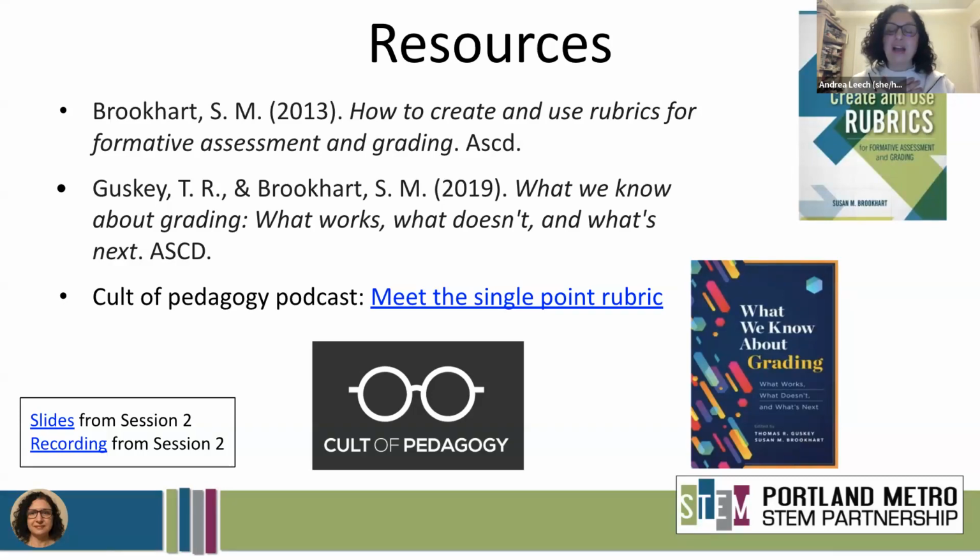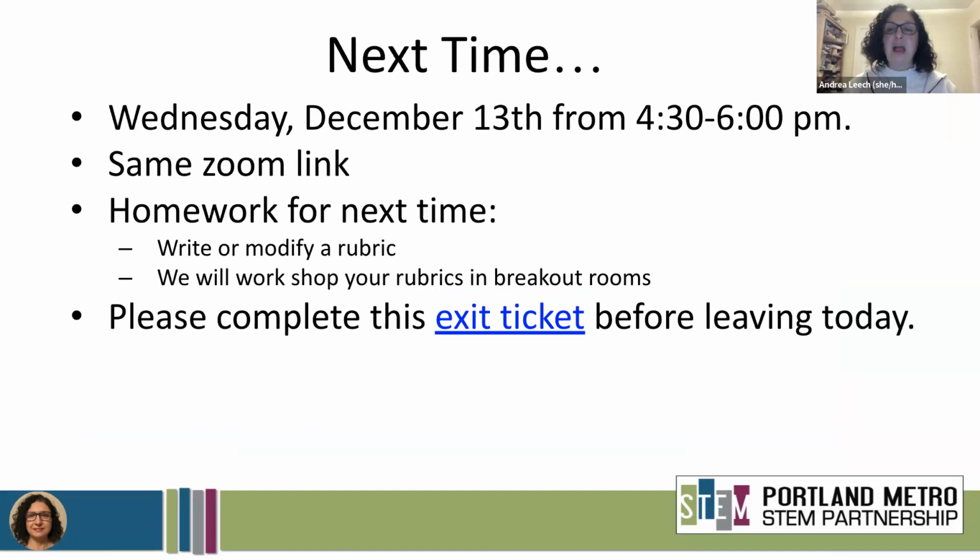Now, we had a lot of conversation about how to make sure the rubric has enough words and is specific enough, but not too wordy. Well, here's your opportunity. Next class, the next session we have, which is December 13th from 4:30 to 6, with the same Zoom link, write and modify your rubric, and we'll have you talk to each other about making sure it has the right amount of specificity and isn't too wordy.